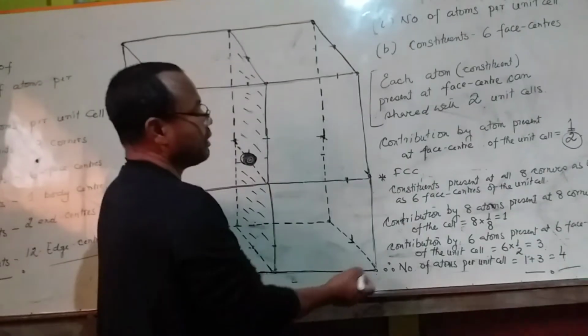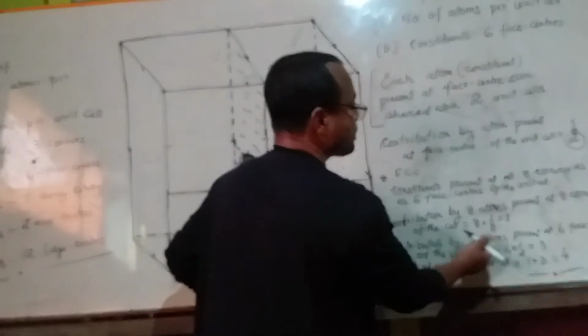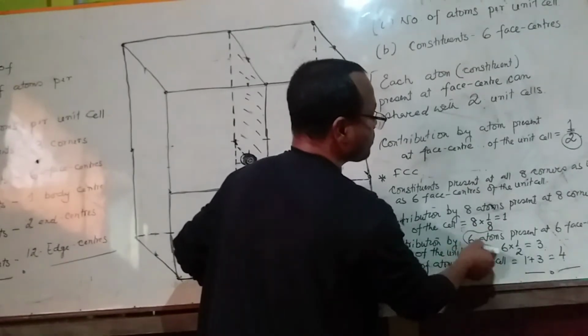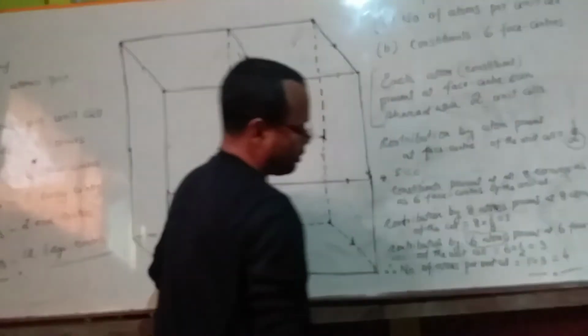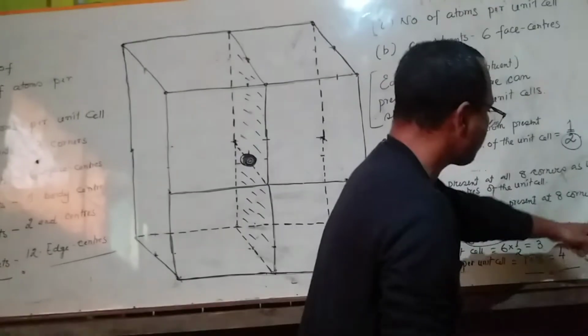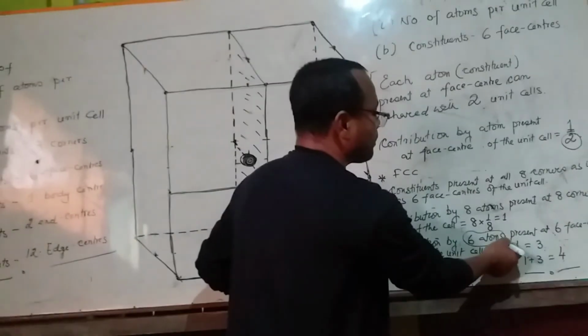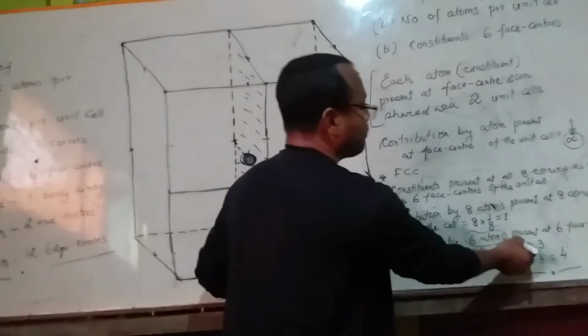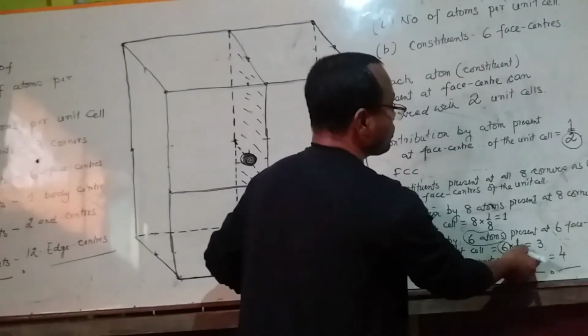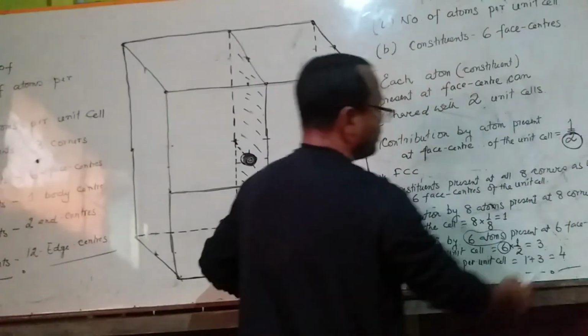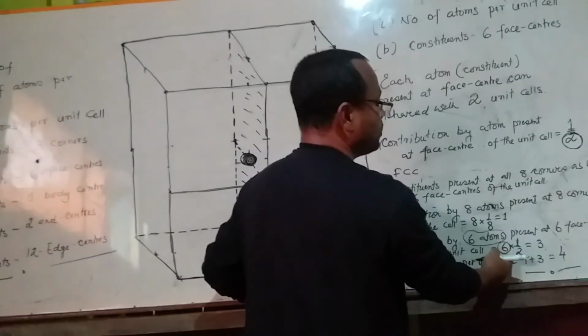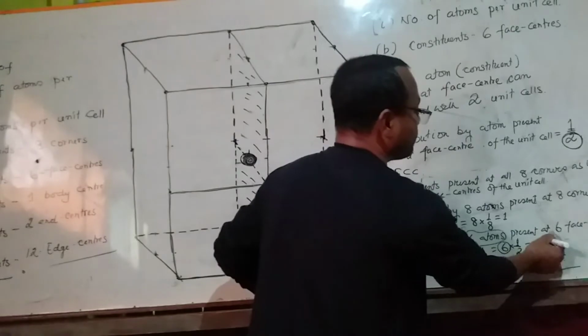Now secondly, the contribution by the 6 atoms present at the face center. So at the 6 face centers of the unit cell, 6 is the number of atoms here. One of the atoms present at the face center can be shared with 2 unit cells. So 6 into 1 by 2. When we do the calculation, we find that it is 3.